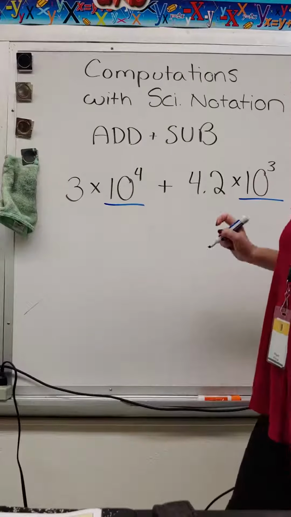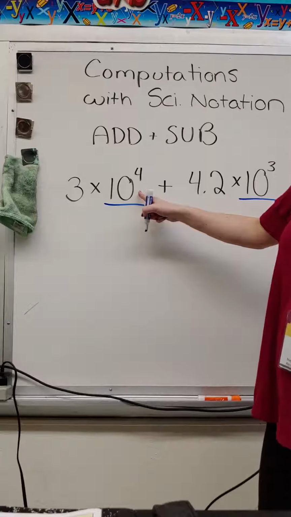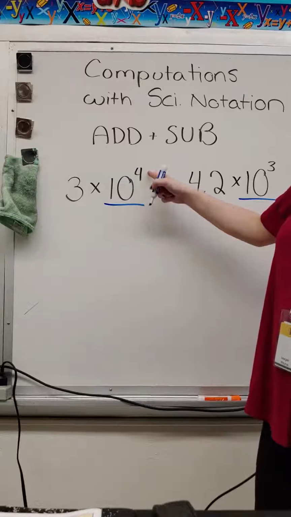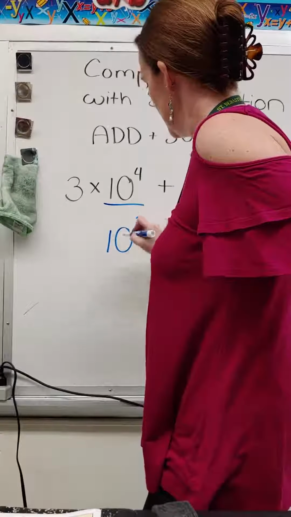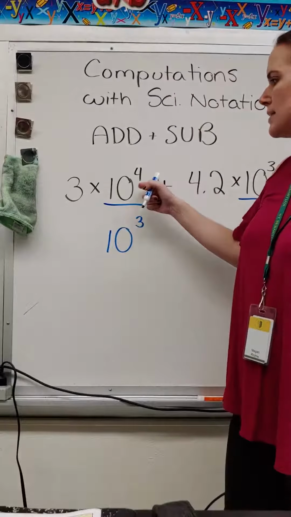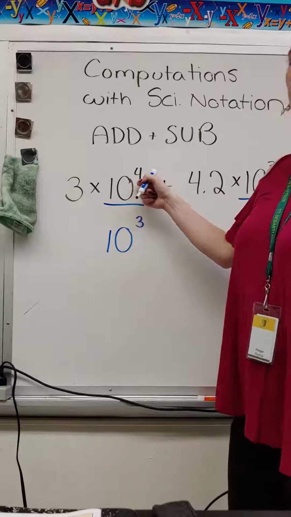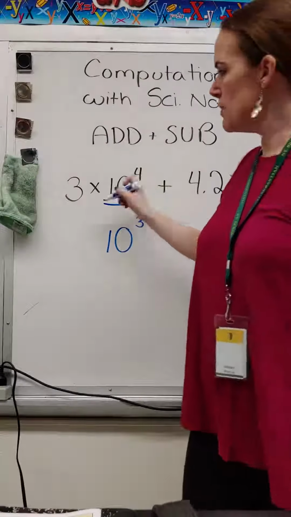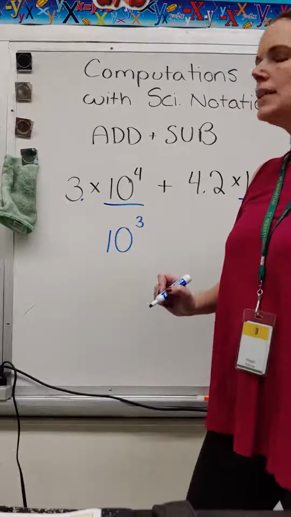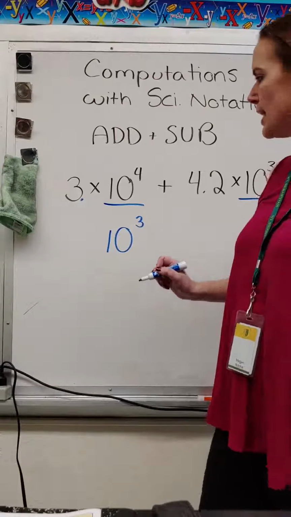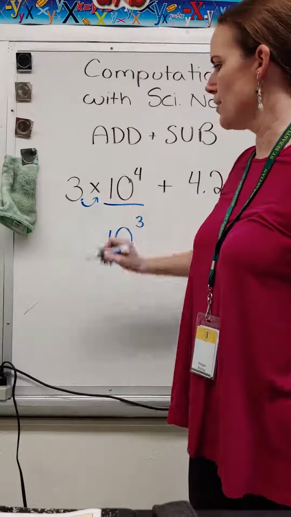So if I try to make this to the third power, that means I'm getting this part one smaller, which means my decimal, which is after the 3, needs to be moved so that it's one bigger.